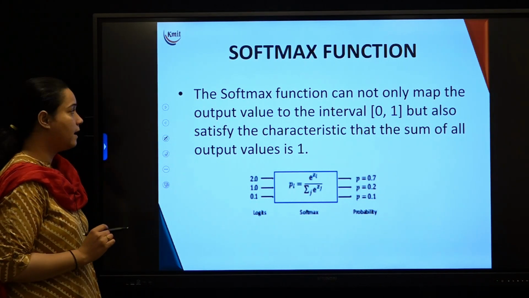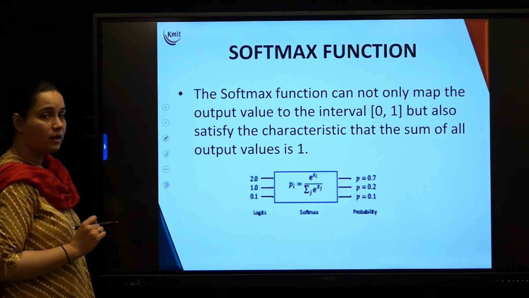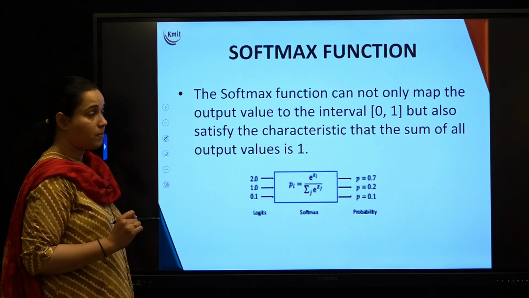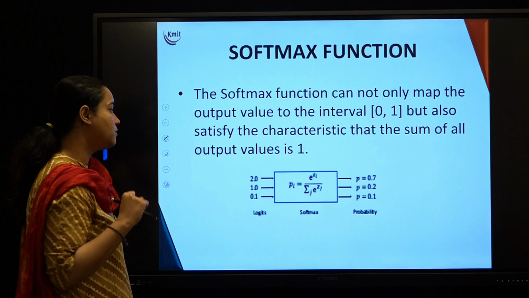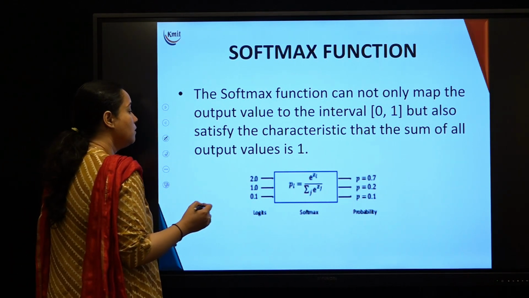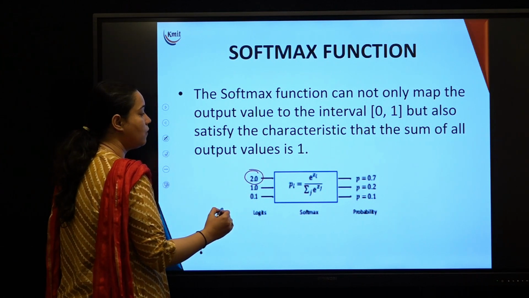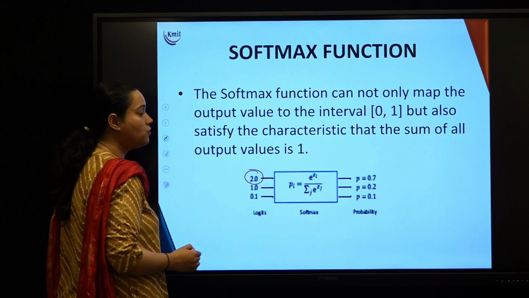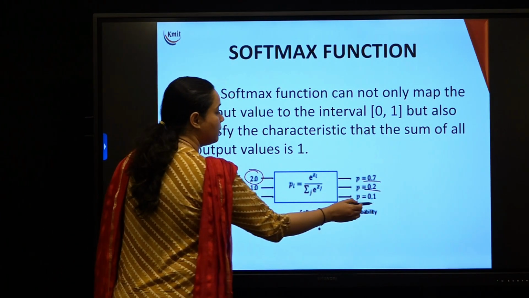Next, this is the softmax function. I would like to highlight this a little. The softmax function can not only map the output value to the interval of 0 to 1, but it will also satisfy the characteristic of probability that the sum of all the output values is going to be 1. You can see here, when you have an input of 2.0, it gives you 0.7 for the first class, 0.2 for the second class, and 0.1 for the third class.